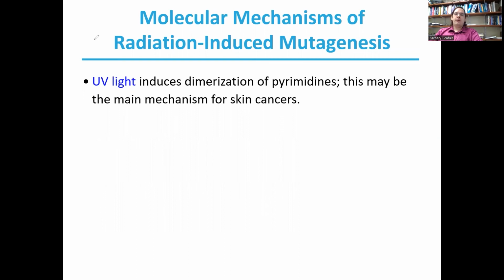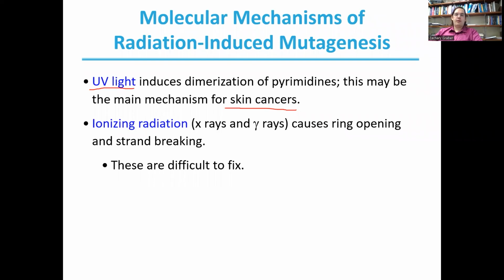Now, it's not only chemical agents that we have to be concerned about for causing mutations. As we all know, of course, radiation can also induce mutagenesis. This can be in the form of UV light, which can induce dimerization of our nucleotides. This, of course, leads to skin cancers, or it can be in the form of much stronger radiation.